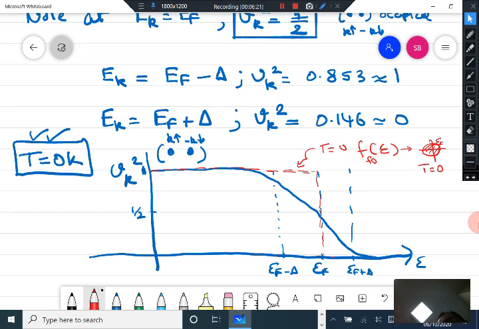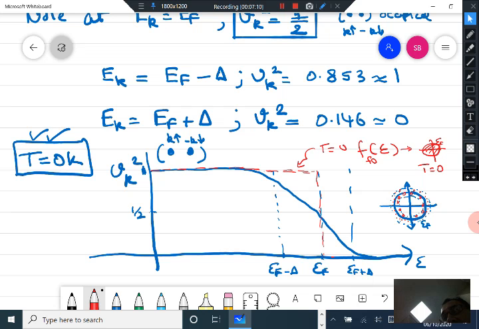But now in this picture, what you start seeing is that even at temperature T equal to 0, around the Fermi energy, within delta of the Fermi energy, there will be occupied states and there will be vacant states.